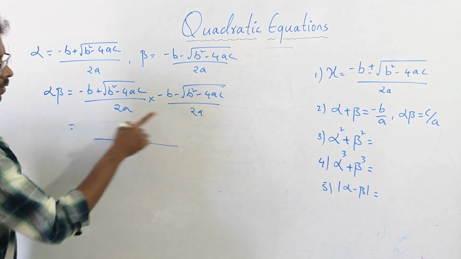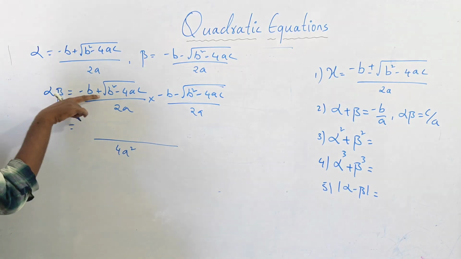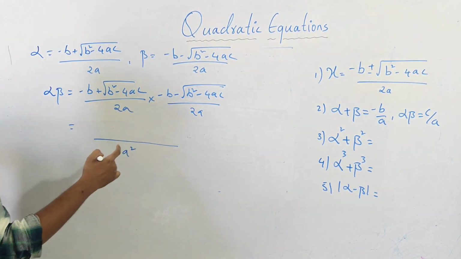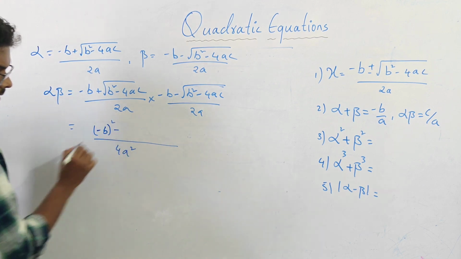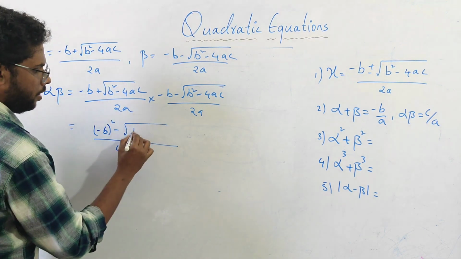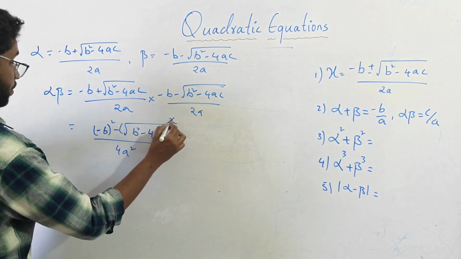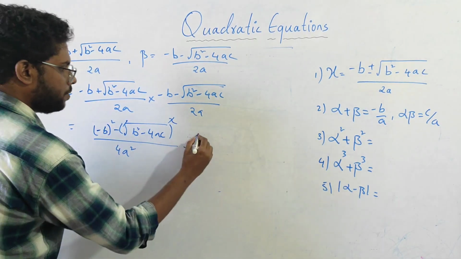In the denominator, 2 times 2 gives 4a square. Now you see here, a plus b into a minus b will be a square minus b square. Here a square minus b square means minus b whole square minus under root b square minus 4ac whole square. The square root gets cancelled, so minus b whole square is b square.